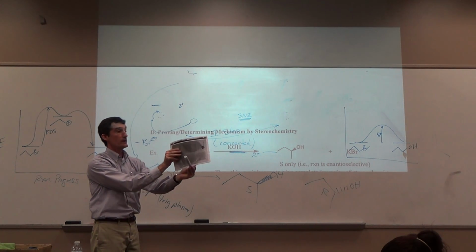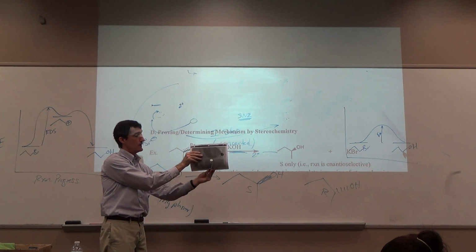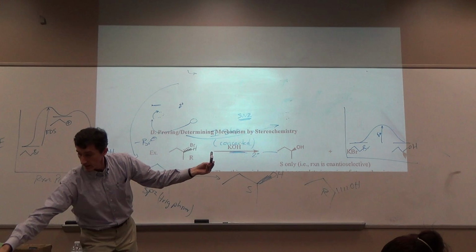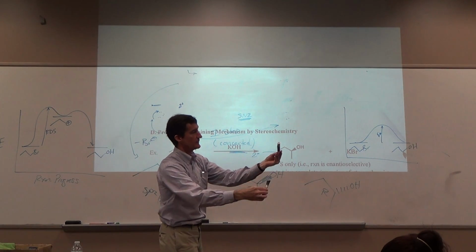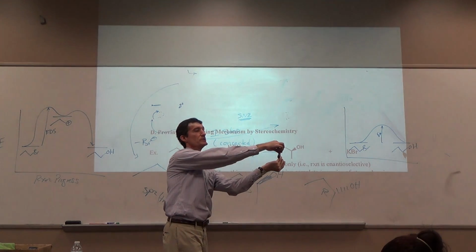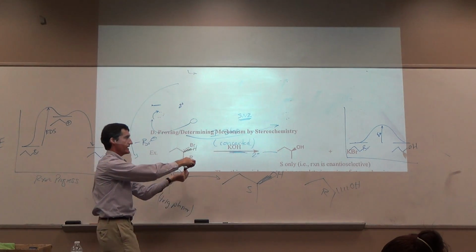The H is forward. The bromine is back. Pretend the plane is still here. When the hydroxide comes in, it comes in and pushes it back. It is now back.